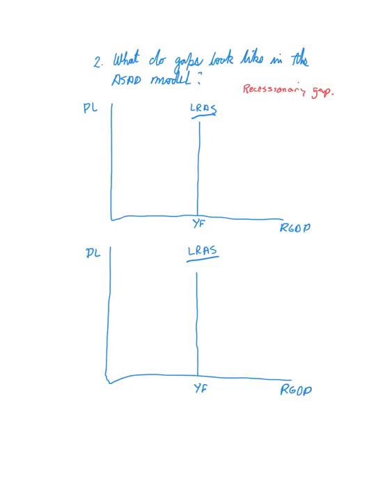So with the recessionary gap, we have AD and SRAS. And you'll see that the intersection point, we'll call point A, is not aligned with long-run aggregate supply.